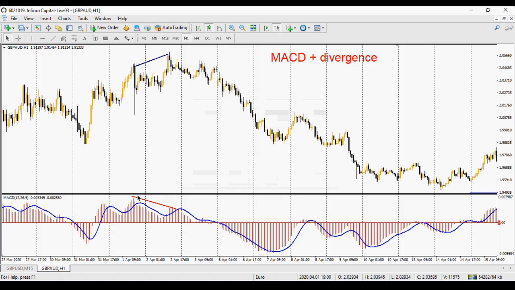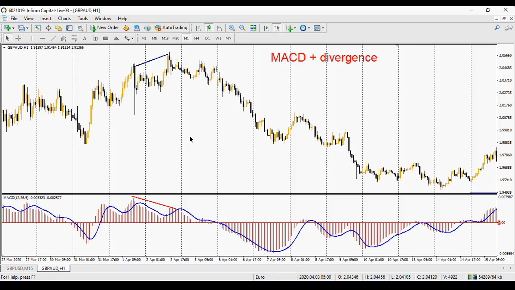It means that price will turn in the direction of the MACD. As you can see right here, price moved up while MACD was moving down. It simply means that price is about to drop. And you see what happened right here: price dropped massively, right from here.